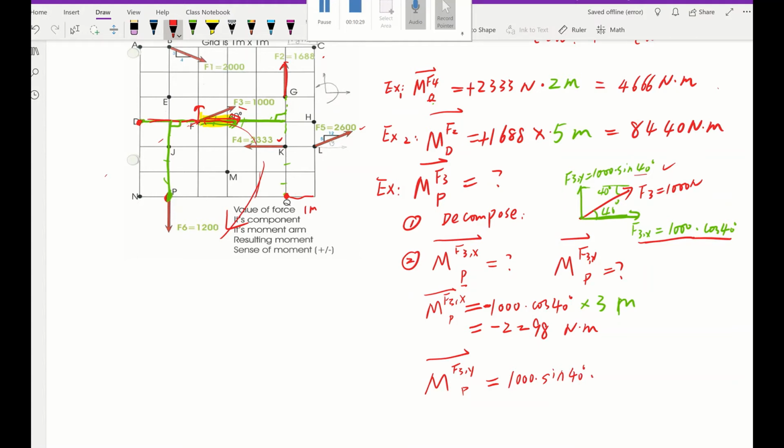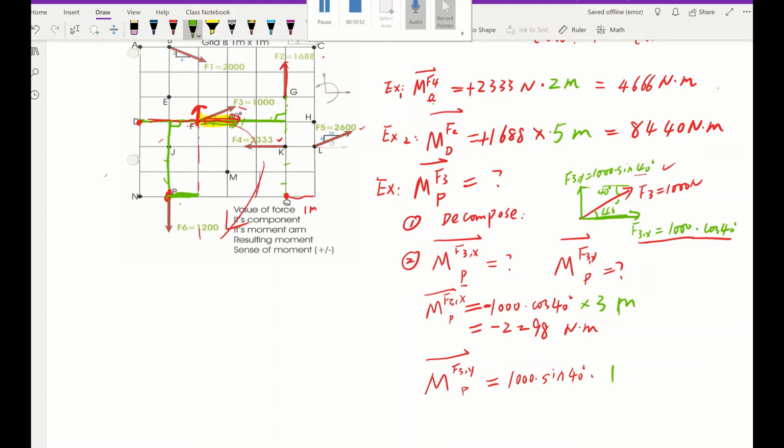Which means this force right here, and we're rotating about P and have to draw the moment arm. Moment arm is going to be the perpendicular distance from P to this force. So that's our moment arm. And that happened to be 1, right?